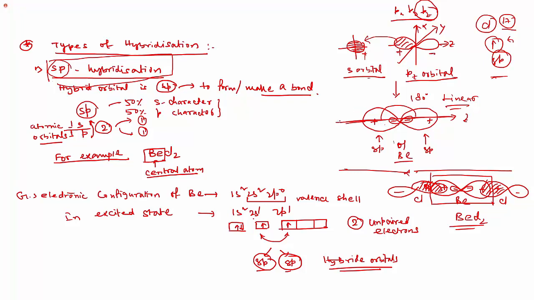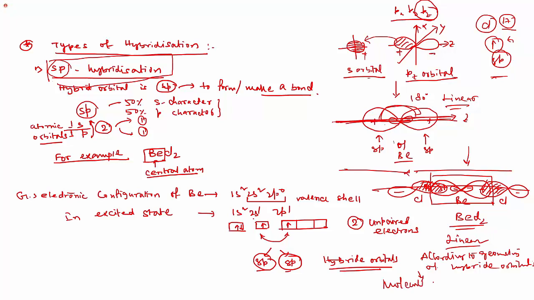If you see the structure of the sp hybrid orbital, it is linear. That is why the molecule being formed, BeCl2, is also linear.